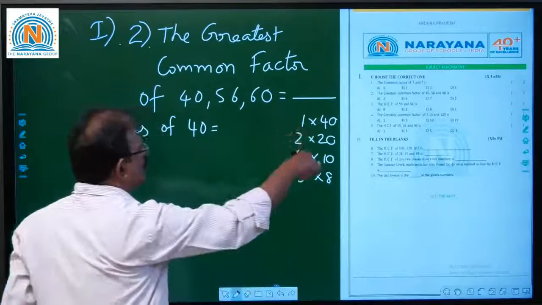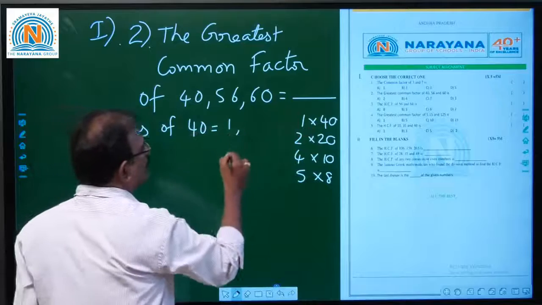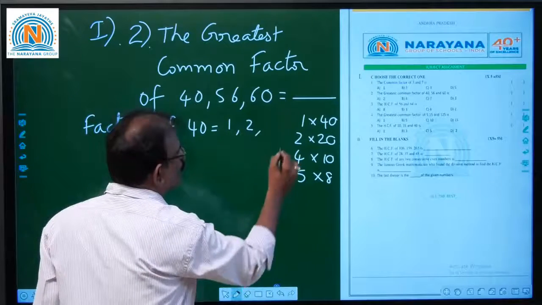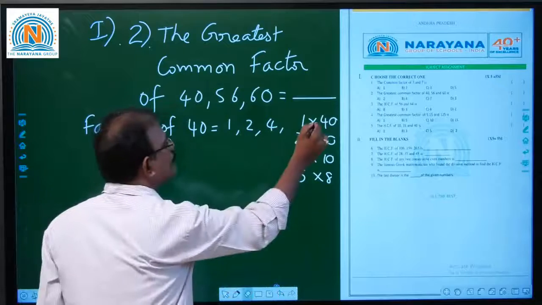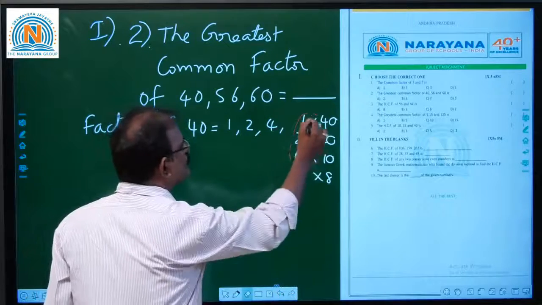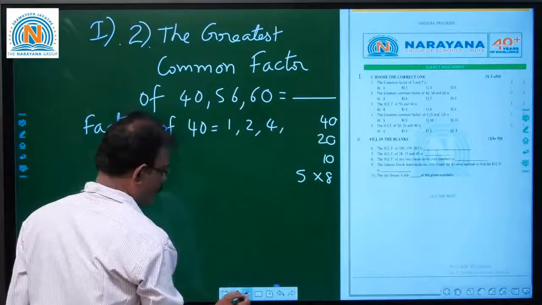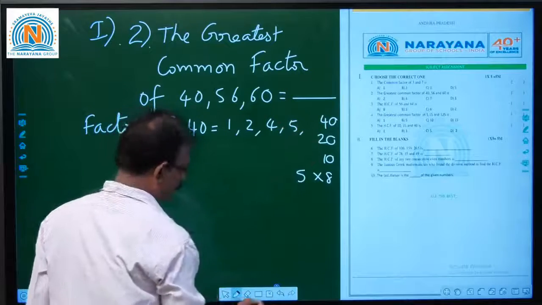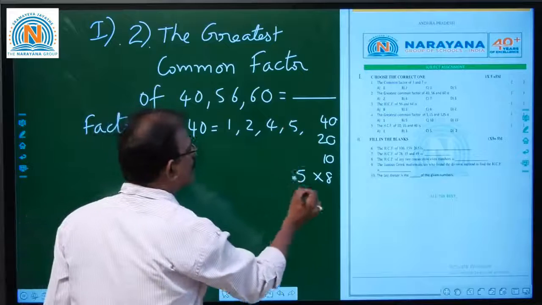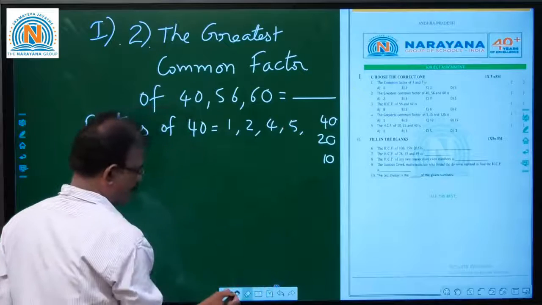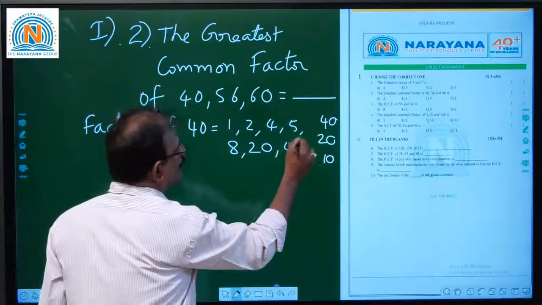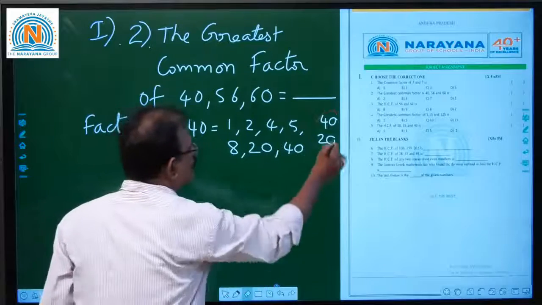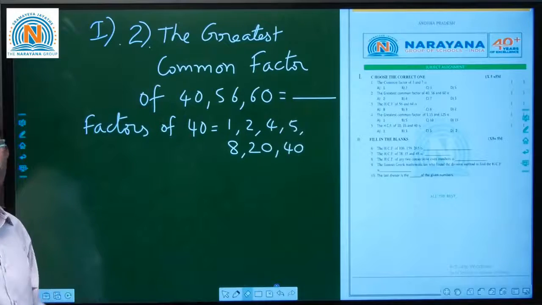So what are the factors of 40? 1, 2, 4, 5, 8, 20 and 40. So these are the factors of 40.